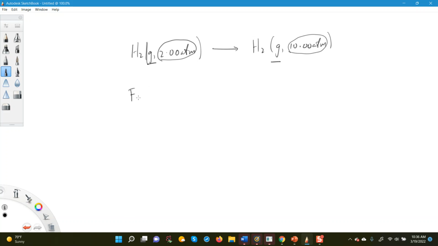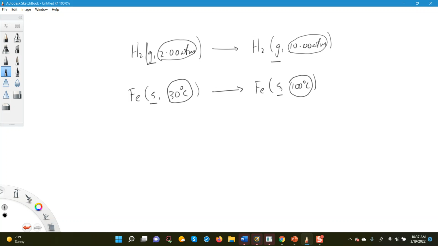Let me give another example. Let's say you have iron, which is a solid, at, let's say, 30 degrees Celsius, all right? And let's say you decided to heat the iron such that its temperature increases from 30 degrees Celsius to 100 degrees Celsius, right? Again, we have a change in state. Why? Because even though it's in the same solid state, so to speak, the temperature has changed from 30 degrees to 100 degrees.